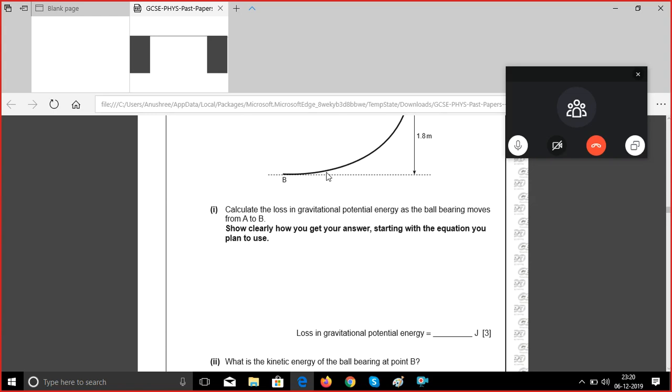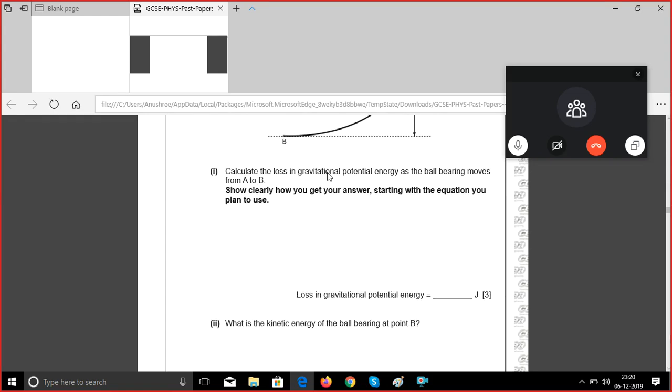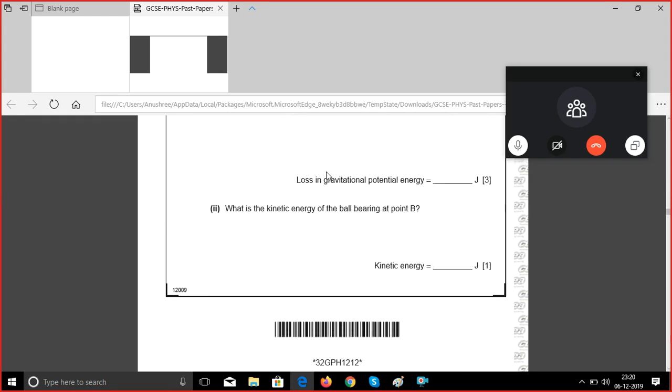So 0.02 times 10 times 1.8, which gives us 0.36 joules.